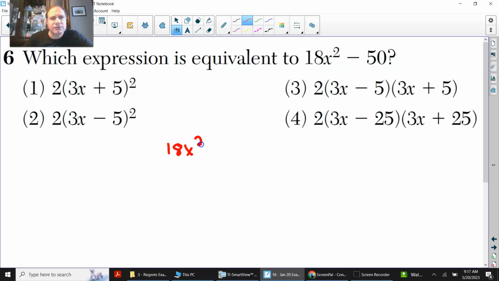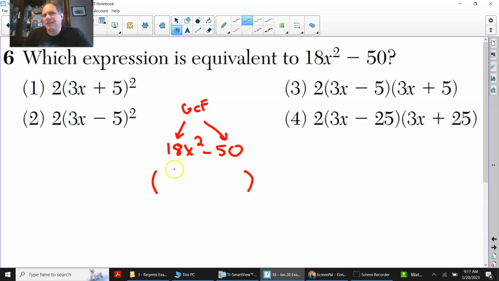You have 18x squared minus 50. So just remember, we're talking about setting up 2 parentheses, and we really want to look at 18 and 50. We're looking for GCF, which is the greatest common factor.